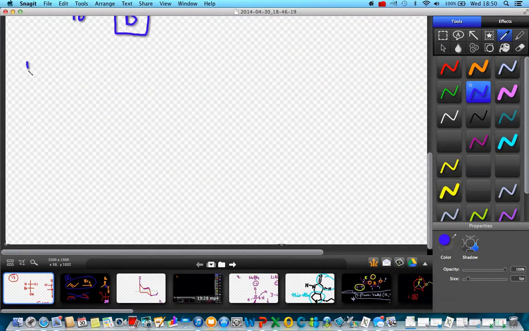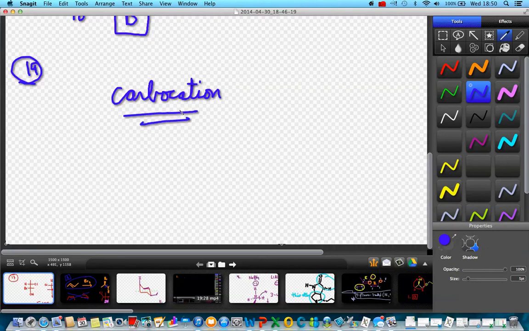Number 19. Which of the following factors does not influence the rate of an SN2 reaction? There is never a carbocation intermediate. So the obvious best answer is C. In an SN2 reaction, you will have sterics.